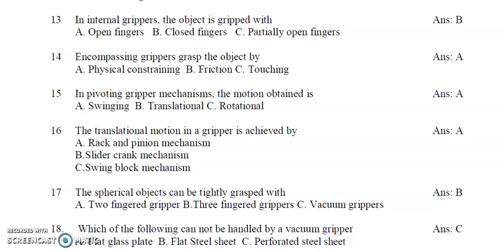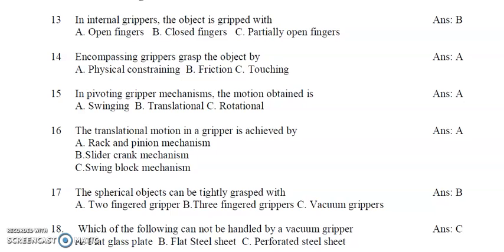The answer is A. Encompassing means the fingers have a similar shape to the object, and we constrain the object physically. That's why it is called physical constraining. Encompassing grippers grasp the objects by physical constraining.